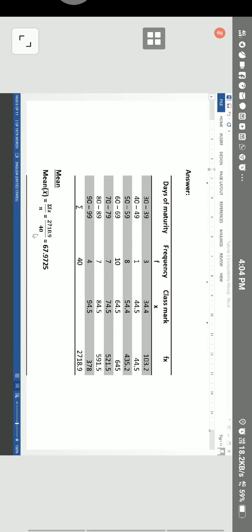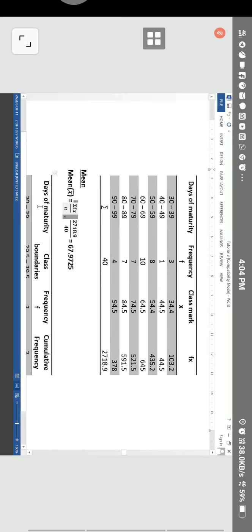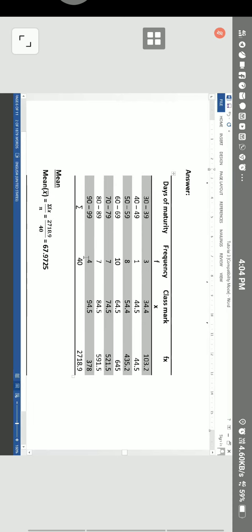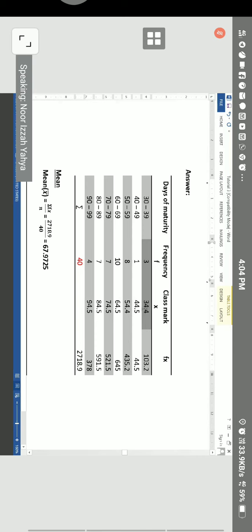Then you divide by 40, because the total frequency here is 40. For each class, you multiply the frequency by the midpoint: 3 times 34.5, 1 times 44.5, and so on, until you have the total of fx.